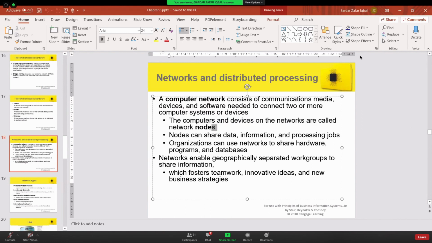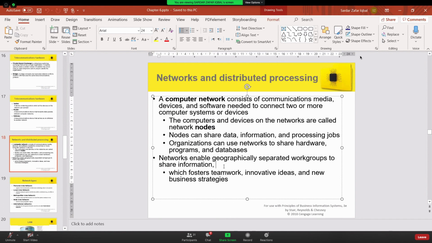So the computers and devices on the network are called network nodes. Node is a technical word in networks. It means computer or device. Nodes can share data, information, and processing jobs. Organizations can use networks to share hardware, programs, and databases. Yes, all of us are experiencing this in our university. So networks enable geographically separated work groups to share information.